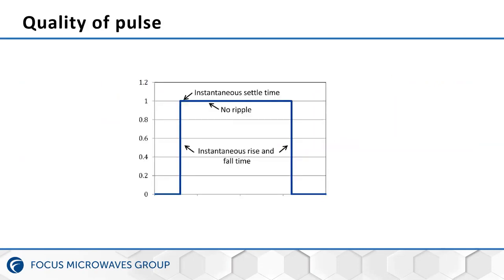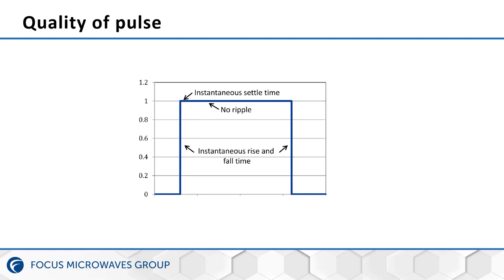Now, talking about the quality of the pulse that is generated using these pulsar heads. Theoretically, in an ideal situation, the pulse turns on and off instantaneously, and right as it is turned on, we should achieve the maximum voltage that is set by the user.